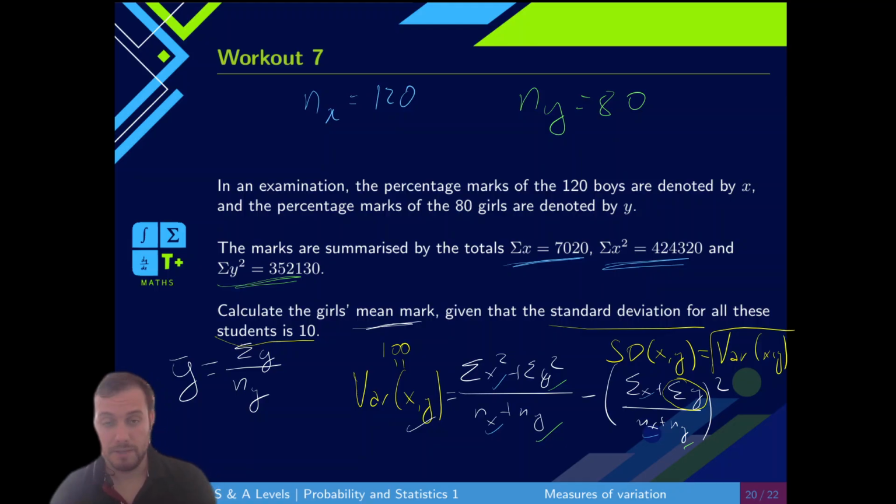It's going to take us a bit of time, don't worry, it's common. But from here, we can find the sum of y, and once we find it, we plug it in here, and we get the mean mark for the girls. It's a very interesting problem. I recommend that you take some time to look at it, and if you need any help with it, you can also look at it on my webpage.